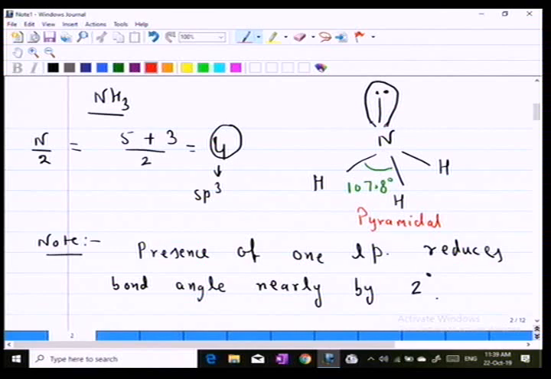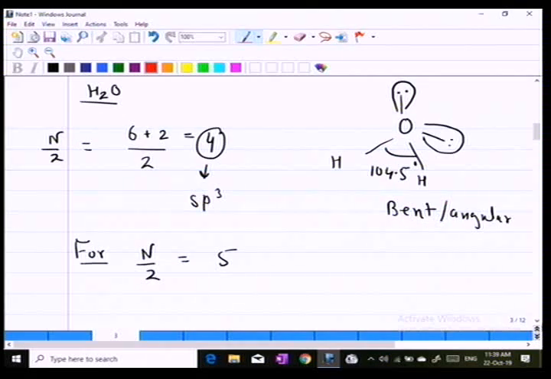It will look like a pyramid. Okay, let's move on. Do this one.